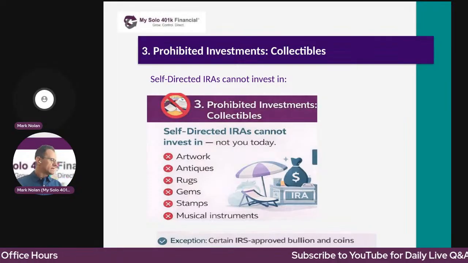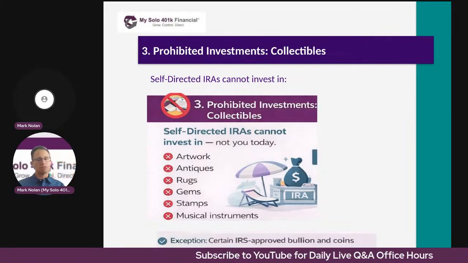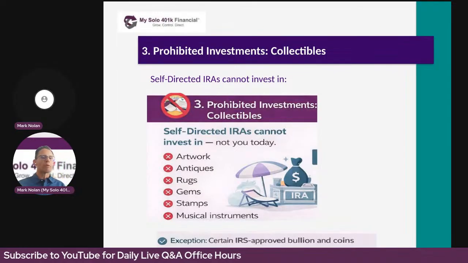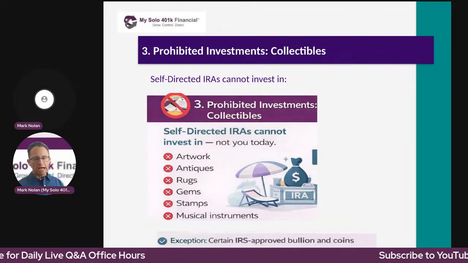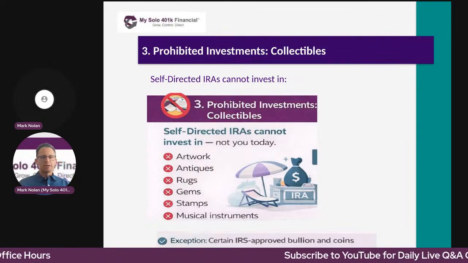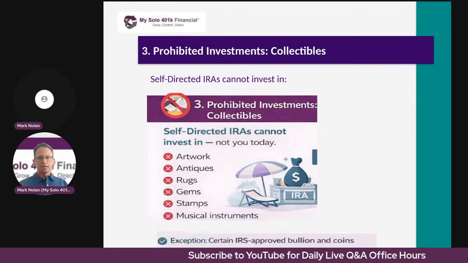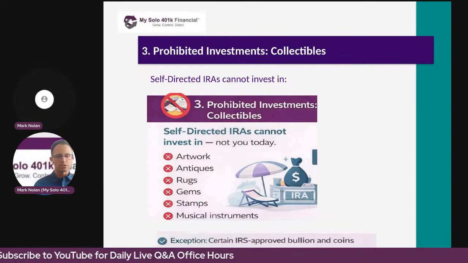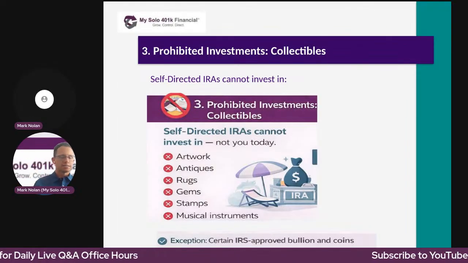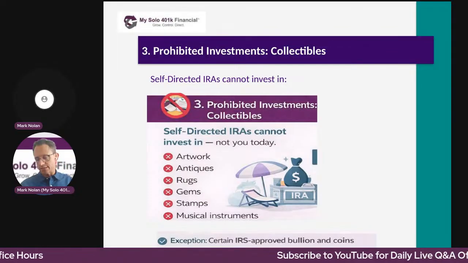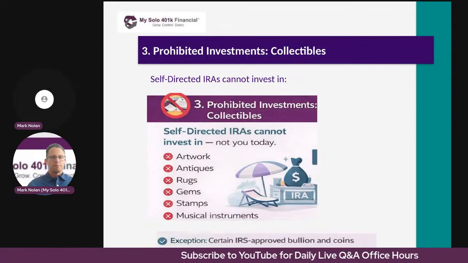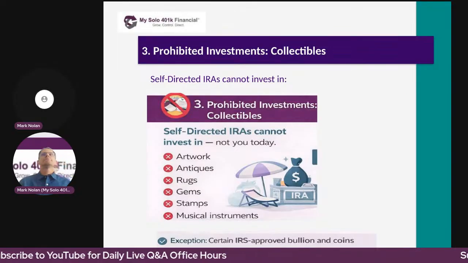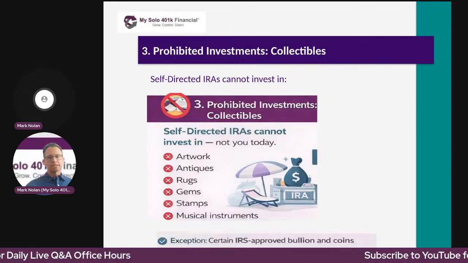Other types of prohibited collectibles inside a self-directed solo 401k would be gems. So whether we're talking about diamonds or emeralds, whether you took a nice trip down to Colombia and visited a gem mine and now you want to buy some gems, you cannot do that. You cannot purchase those gems with self-directed IRAs or solo 401k plans. Same thing with stamps and musical instruments. And of course, alcoholic beverages, such as wine and liquor, those are all disallowed.